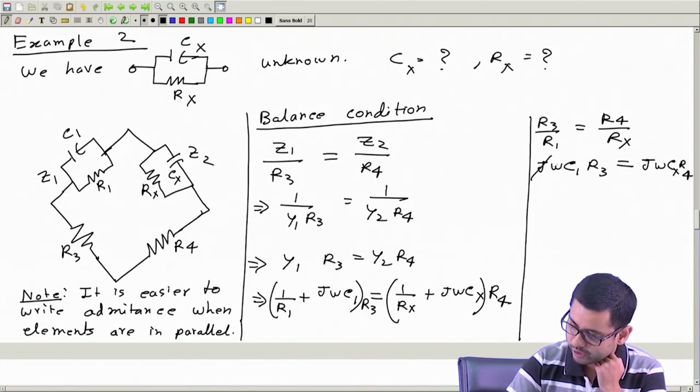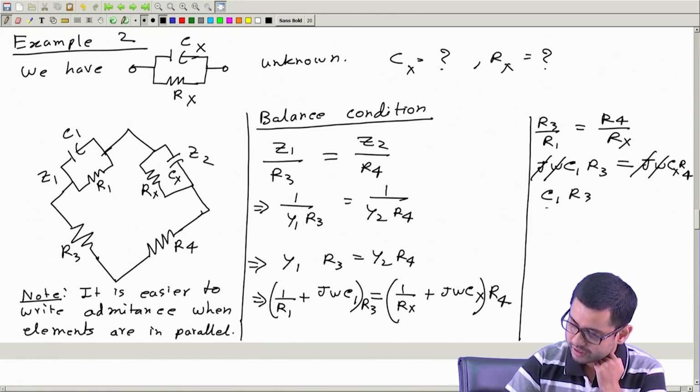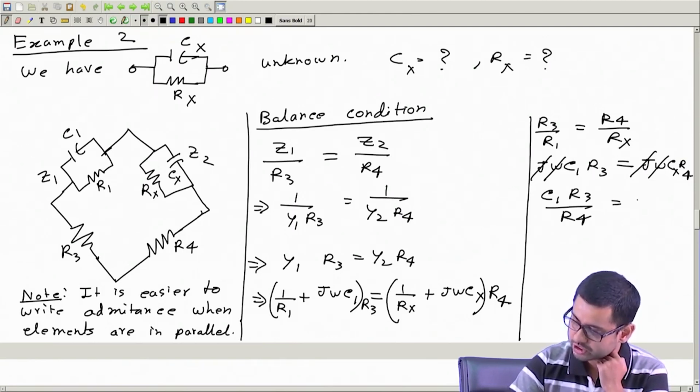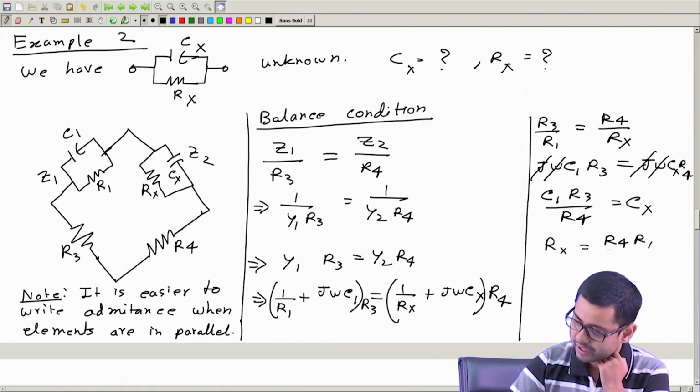Now, this j omega cancels. So, we have C1 R3. Let us bring the R4 here. So, this is equal to Cx, and Rx from this is easy. It is R4 R1 by R3.